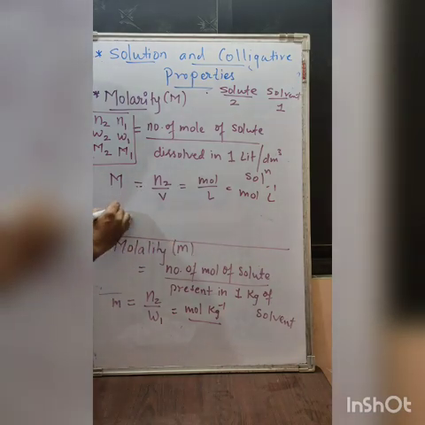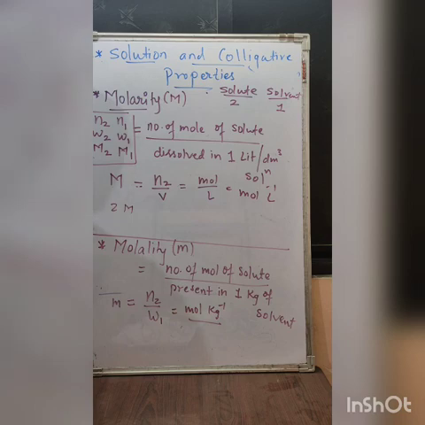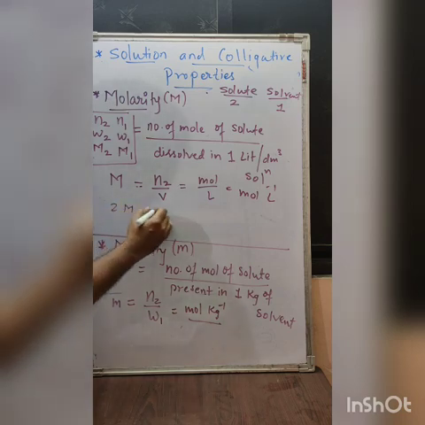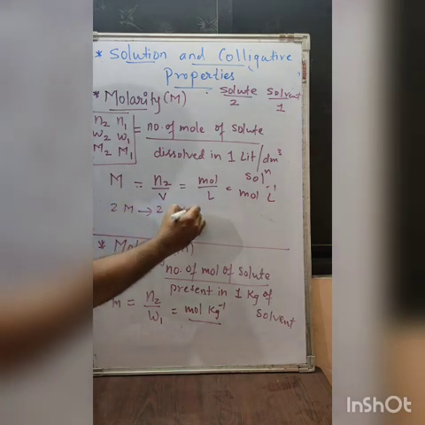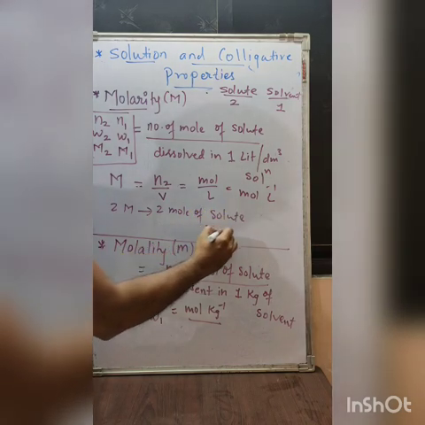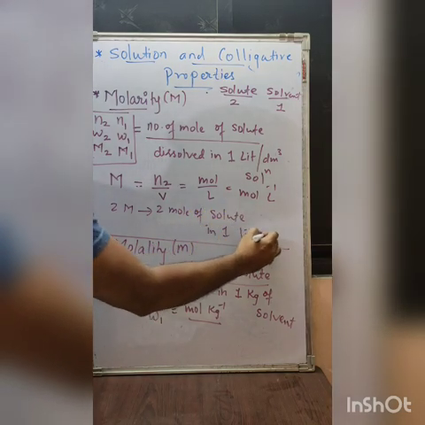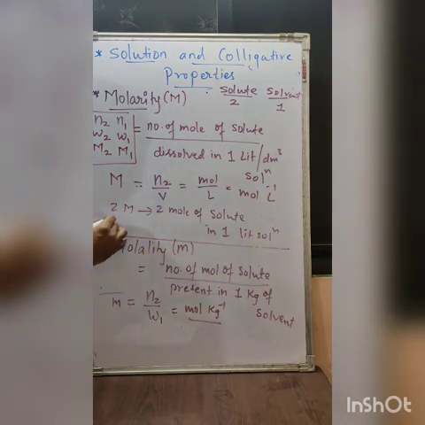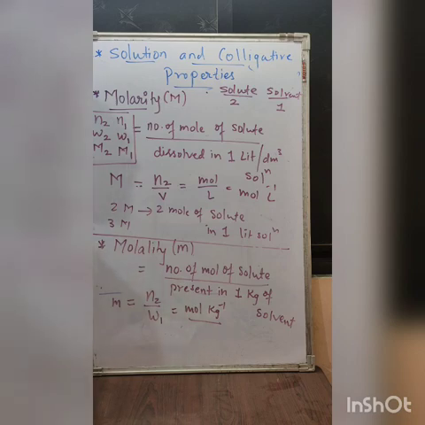If I say 2 molar solution, it means 2 moles of solute in 1 liter of solution. If I say 3 molar solution, it means 3 moles of solute is dissolved in 1 liter of solution. Understood?